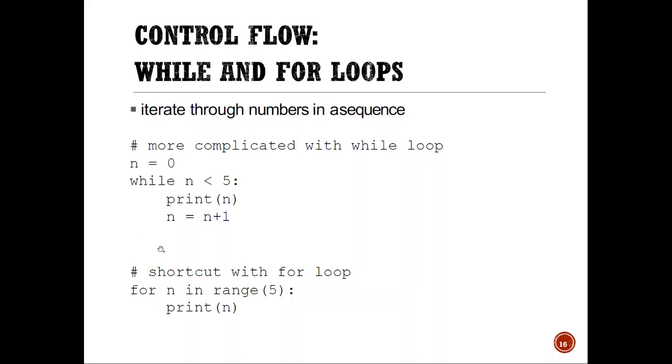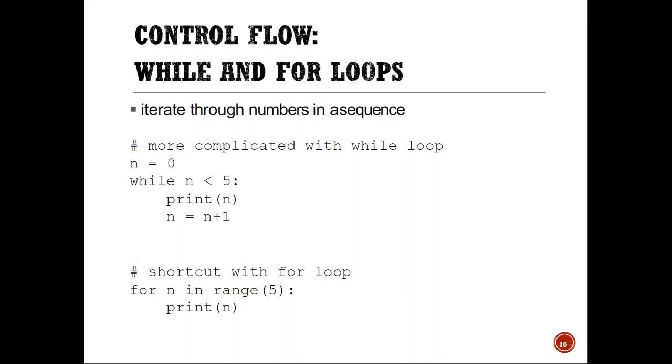Here we are trying to print numbers in a sequence, starting with 0 until 5. We can do this by first defining the variable n to be 0, then mention that we want to repeat this while n is less than 5. We first print n and then we increment it by 1.